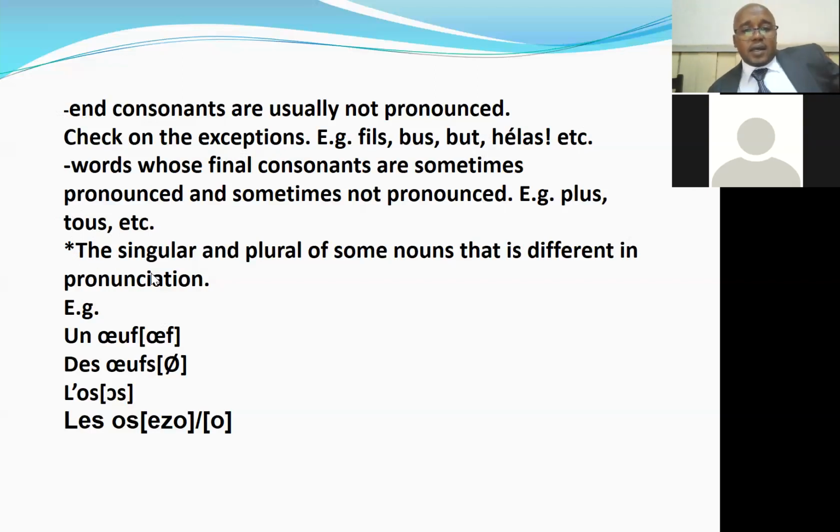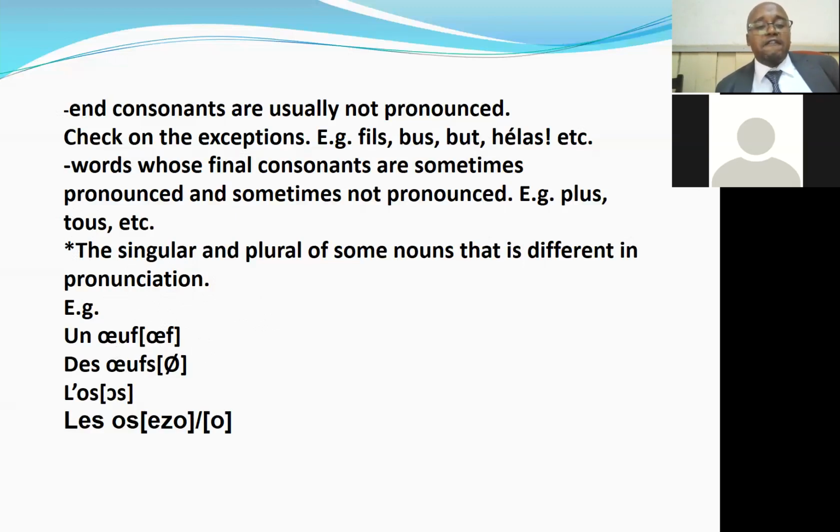Then, we need also to pay attention. This is particularly important. We have words whose singular and plural forms are different in pronunciation. They are few, they are not many. For example, you realize the ones I've given here, when they are in the singular form, the end consonant is actually articulated. An example is the egg.